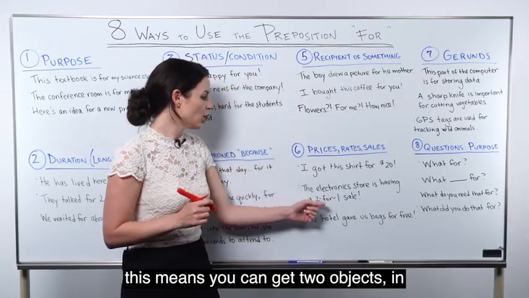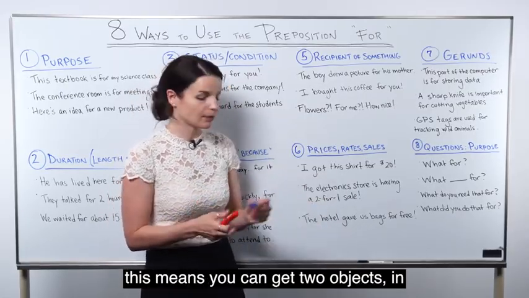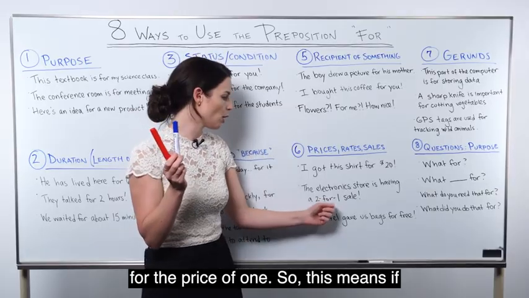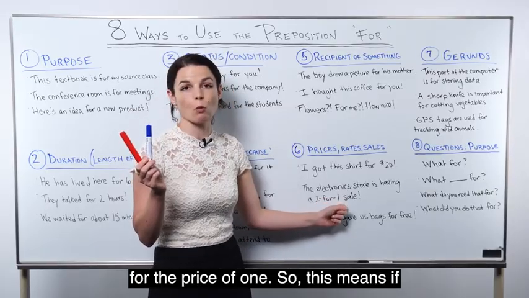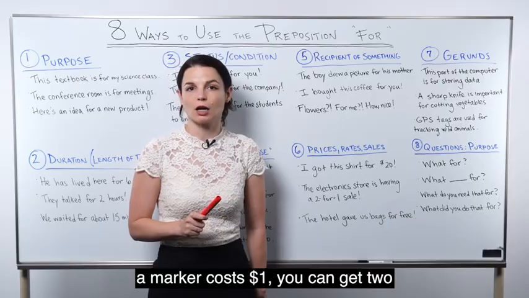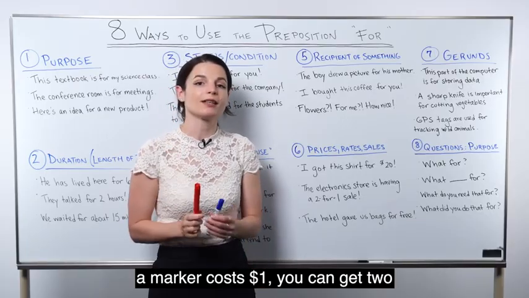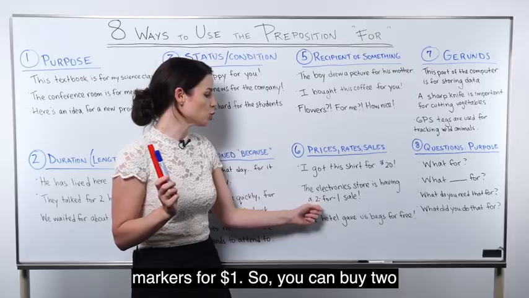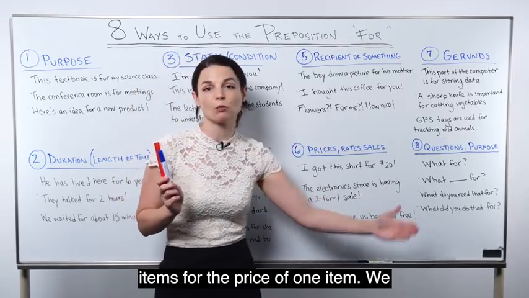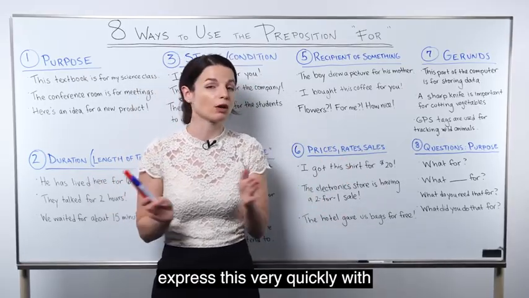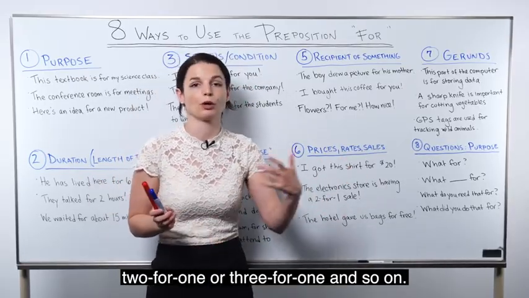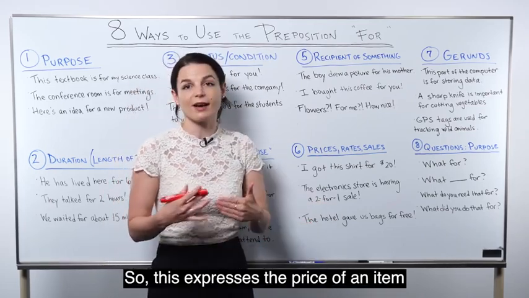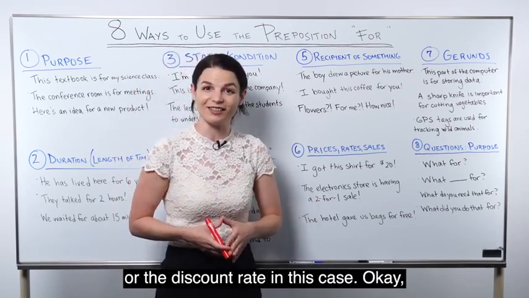But this means you can get 2 objects, in this case markers, for the price of 1. So this means if a marker costs $1, you can get 2 markers for $1. So you can buy 2 items for the price of 1 item. We express this very quickly with 2-for-1 or 3-for-1 and so on. So this expresses the price of an item or the discount rate in this case.